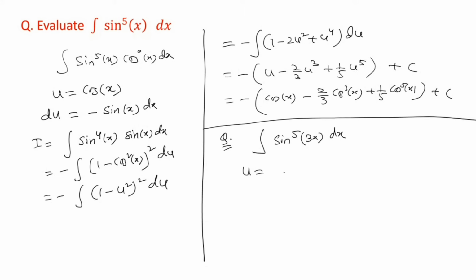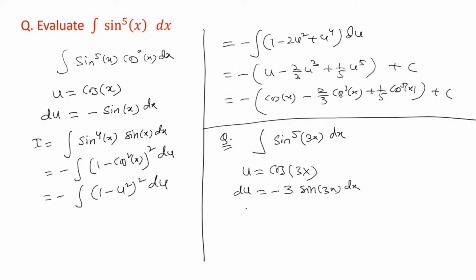In this case you substitute u equal to cosine 3x and proceed the same way. You will get du equal to minus 3 sine 3x dx.